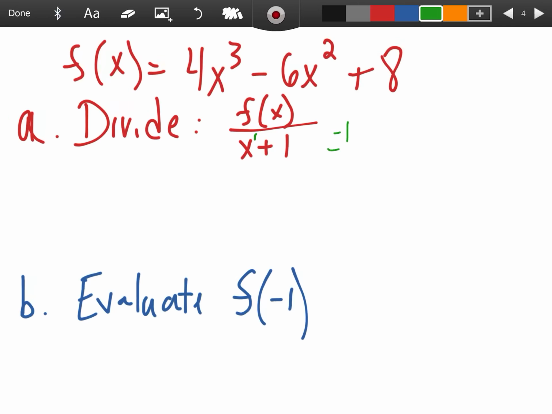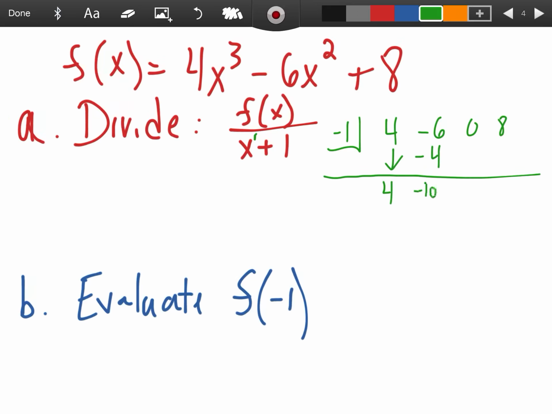I'll put negative 1 up in my upper left-hand corner. Then I have 4, negative 6, a 0 placeholder, and then 8. I'll draw a line down. I bring down the 4. 4 times negative 1 is negative 4. Negative 6 plus negative 4 is negative 10.